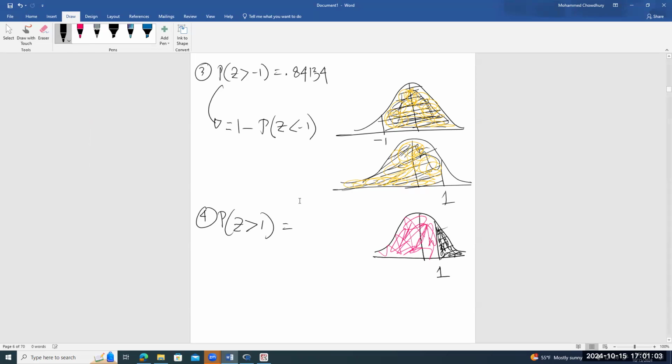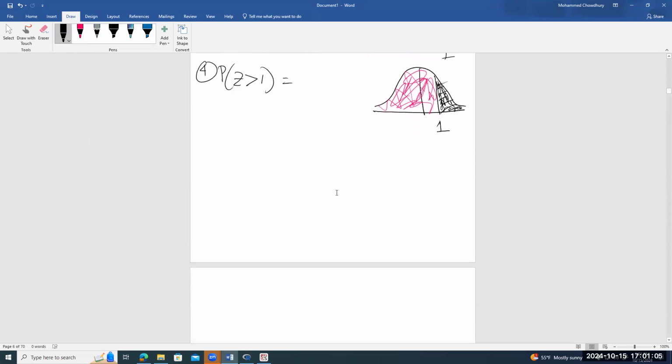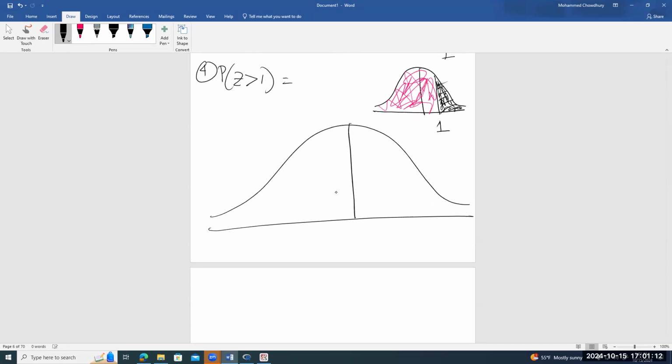Okay? Take a look at this one. This is very important to understand. Are you looking? Total area under this bell-shaped curve above this horizontal line is equal to 1.